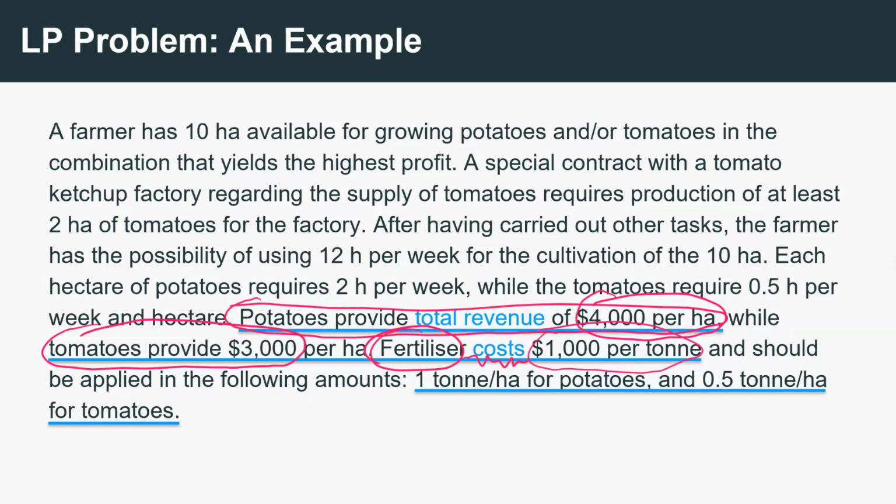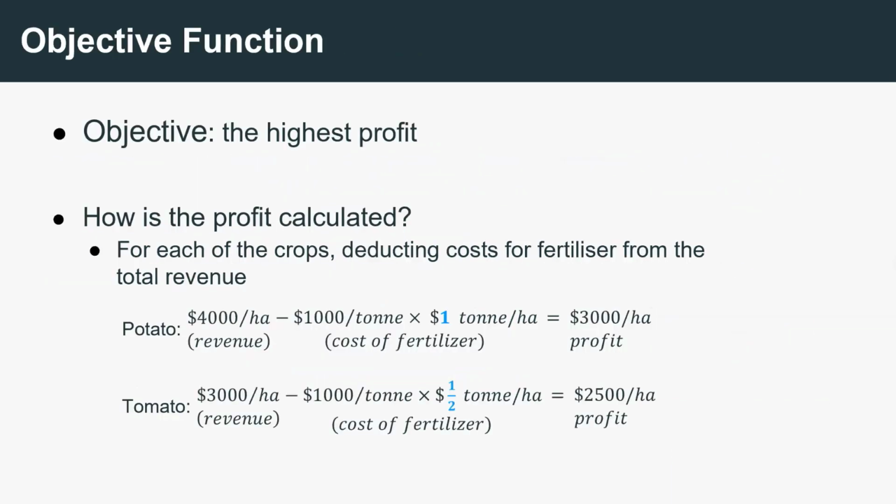However, the rate of applying the fertilizer is different. For potato, it requires 1 ton per hectare, and for tomato, it requires a half ton per hectare. So you need to use a different rate of fertilizer for growing those two different crops.